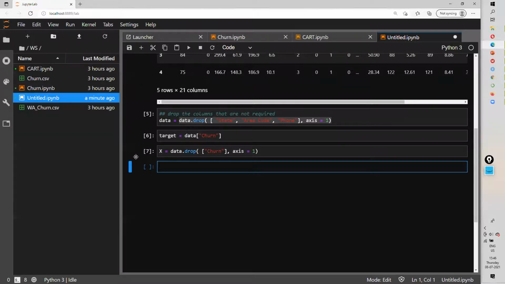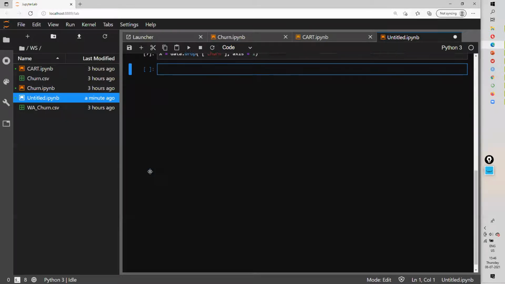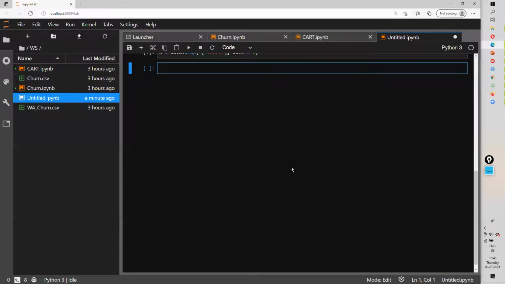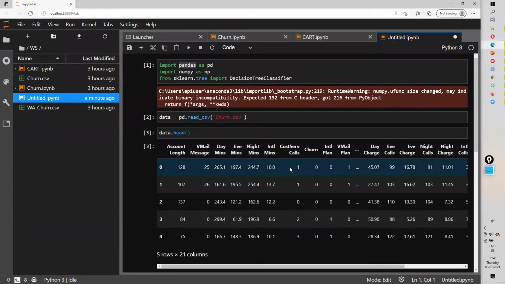If you do so, you are not left with any test portion to test how good your model is. So we would always leave out some portion of the data for training versus test. In this case, I would go with 80-20, 80% of the data would go into training and 20% into test, right?